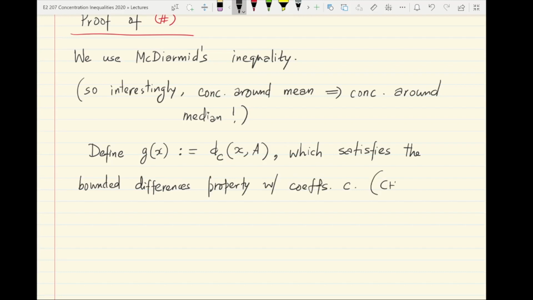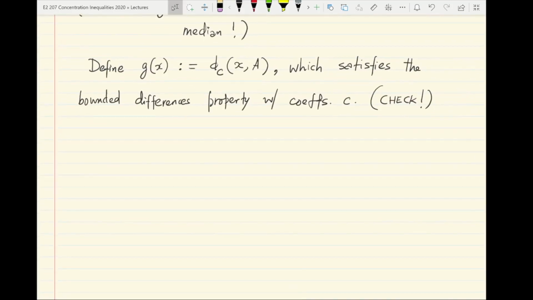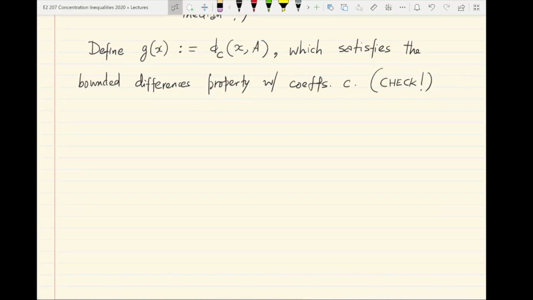This is something that you can easily check. The proof relies on using the triangle inequality for metrics.